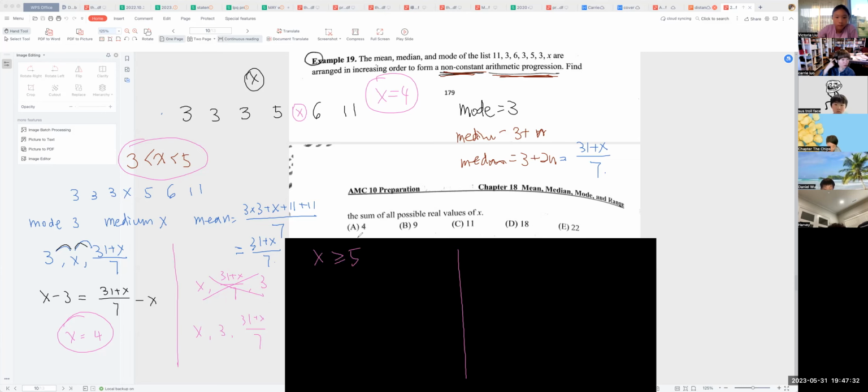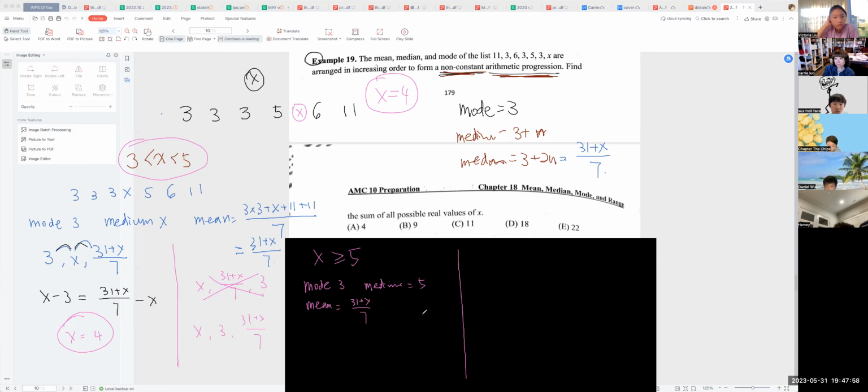What if x is bigger than or equal to 5? So we're going to do the same thing. The mode is still 3. And the median, instead of x, will be 5. And the mean is still 31 plus x over 7.